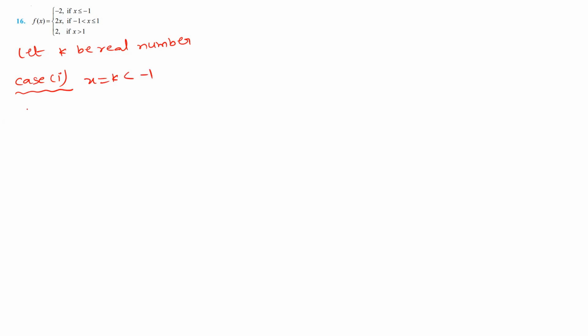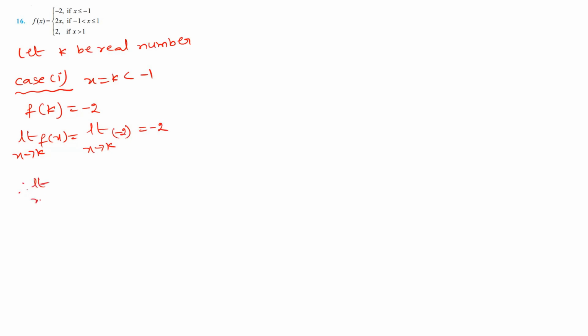So less than -1 means f of k will be a constant function, so we'll take -2 here. Limit x tends to k, f of x is equal to -2. Okay, so we'll get -2 here.